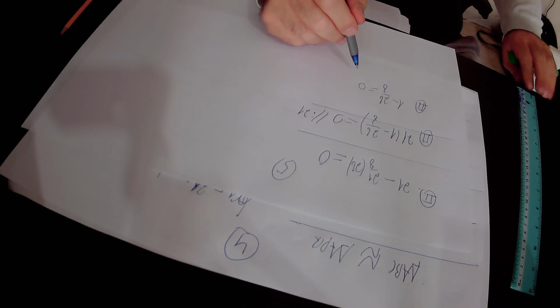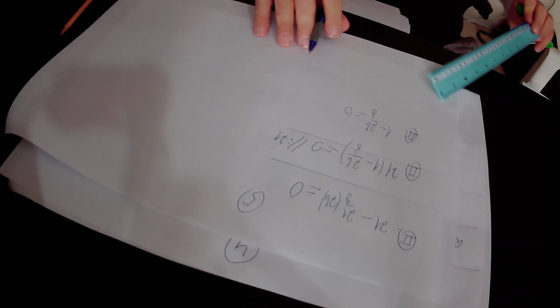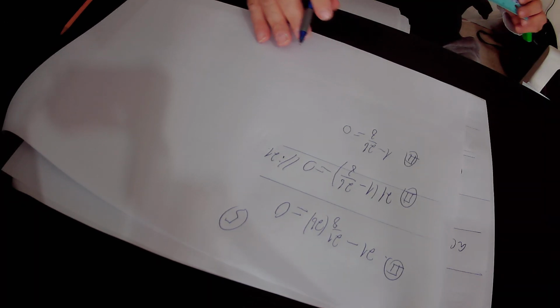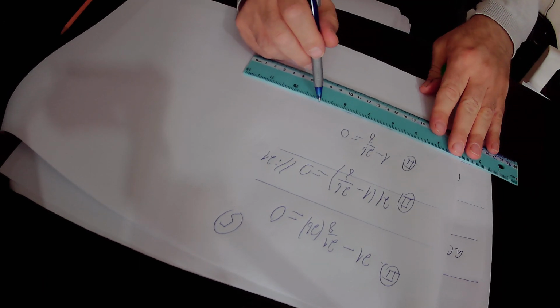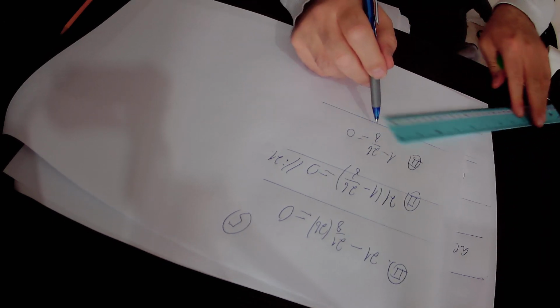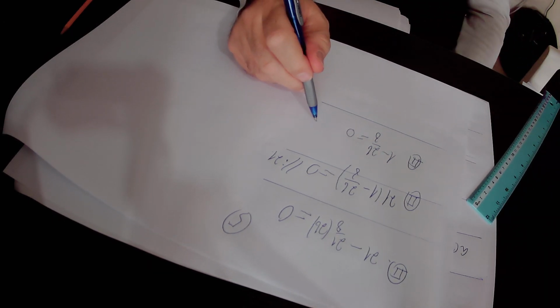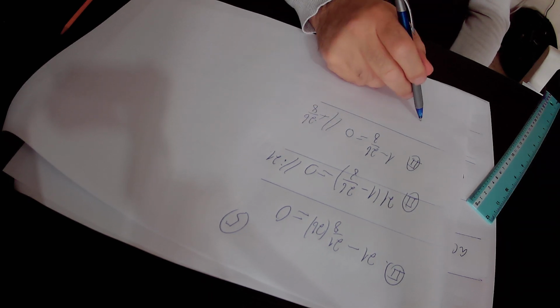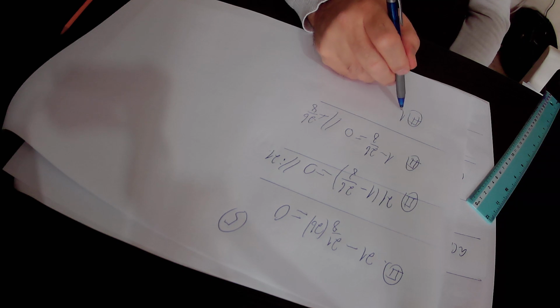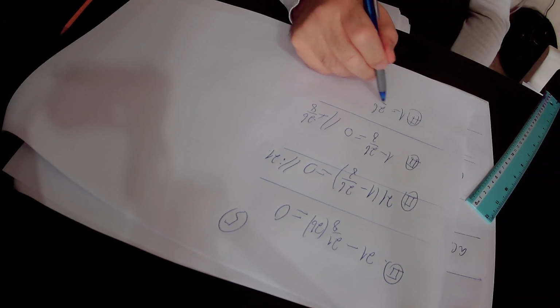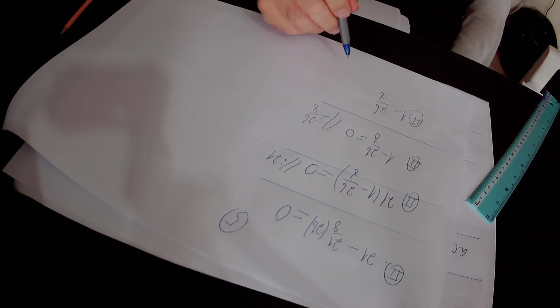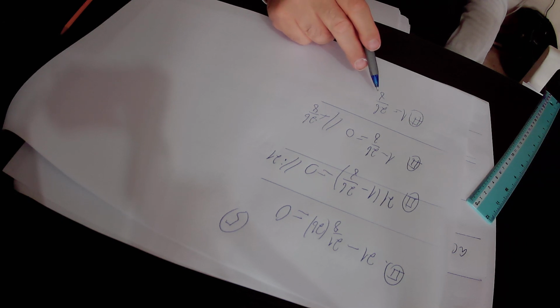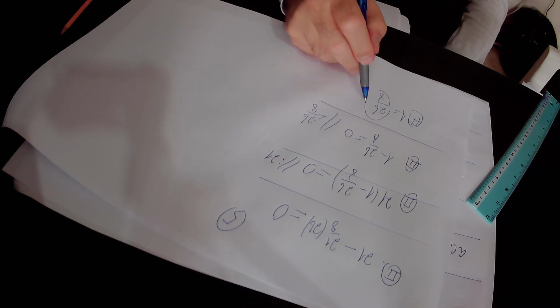So in conclusion, we found out that 1 minus 2b over 8 equals 0. Here we add 2b over 8 to this equation, and we get 1 equals 2b over 8. So here we divide both the numerator and the denominator of this expression by 2.